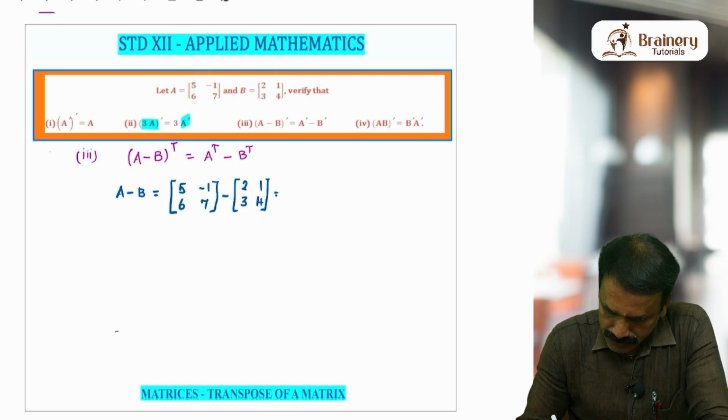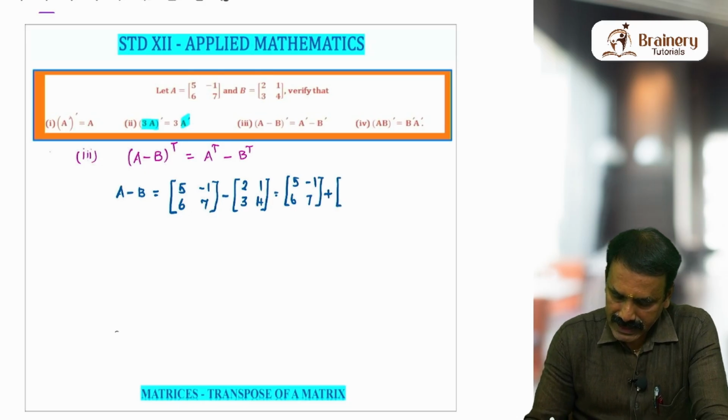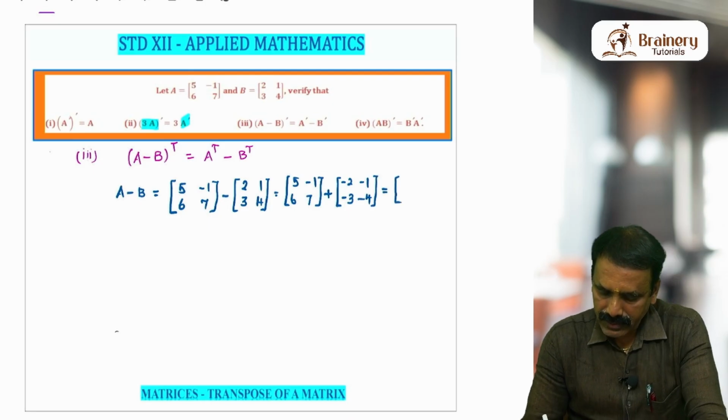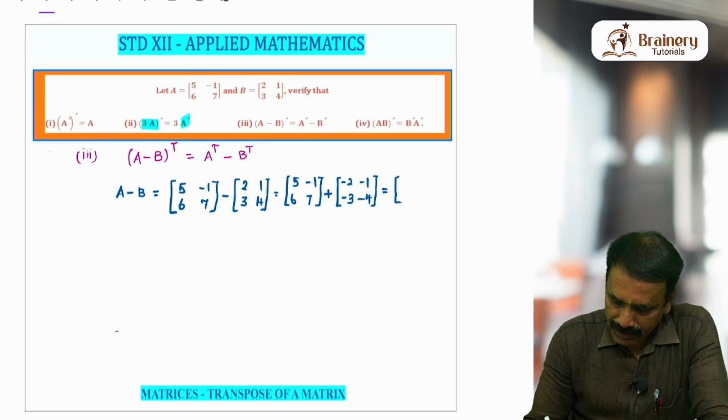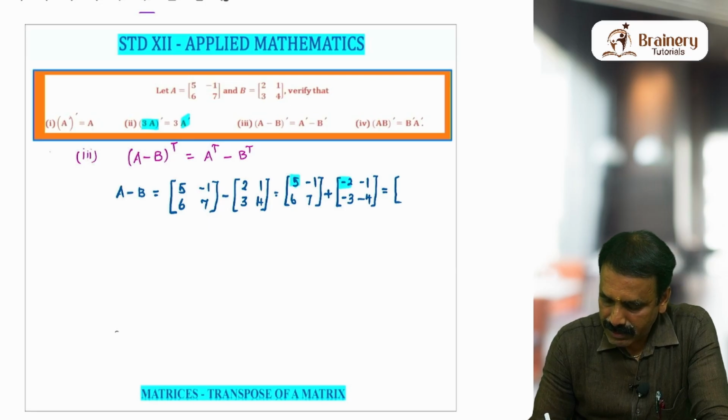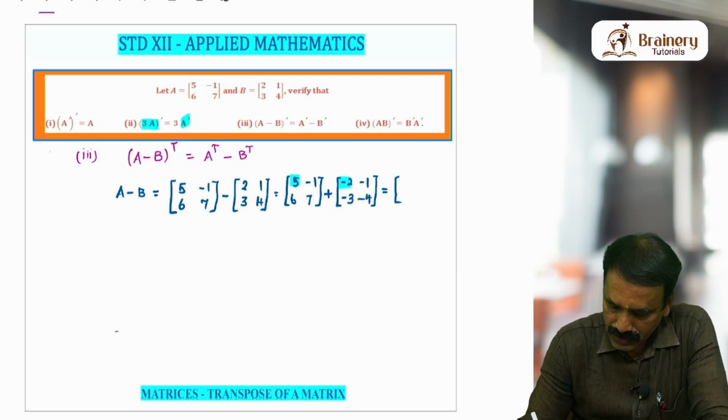So we have to add the first matrix with the negative matrix of the second matrix. 5, minus 1, 6, 7 plus, we multiply this minus sign inside, so it is minus 2, minus 1, minus 3, minus 4. So I add directly. It is 5 minus 2. First element added with the first element. So it is 5 plus minus 2. It is going to be equal to 3.